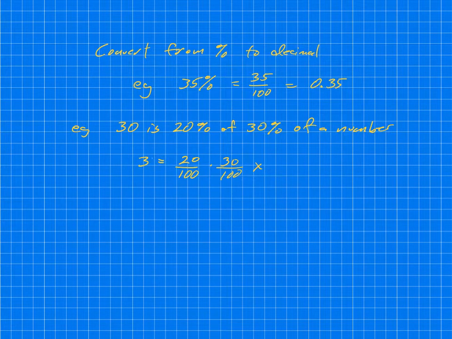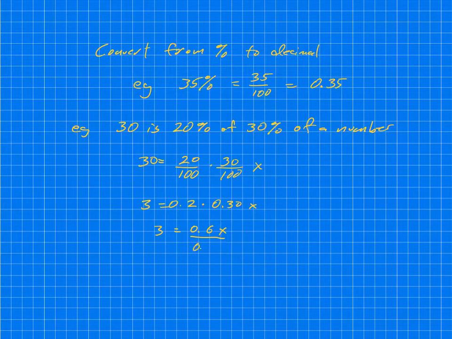Or you could have written it as 30 equals 0.2 times 0.30 times x. Either way. And in this case, that's going to be 3 equals 0.6x.